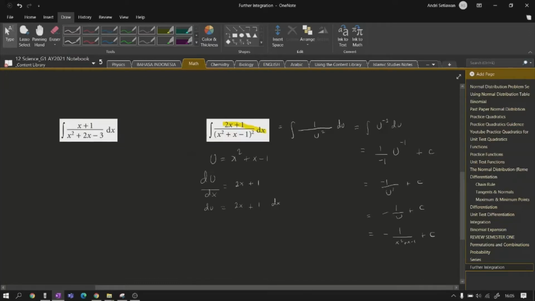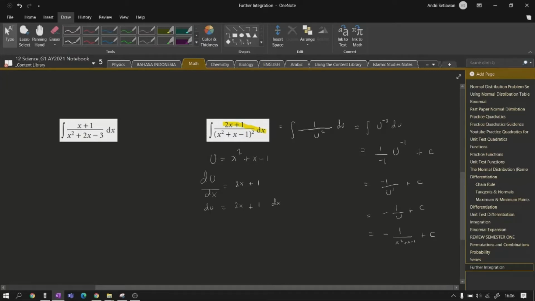The core of appropriate substitution is you can find the inner bracket, which will be substituted with u. The second part, we find du over dx, the first derivative of u.